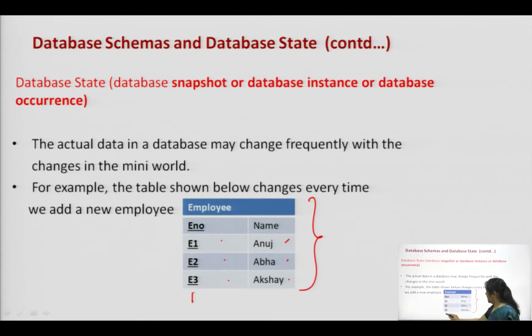Now, let us say I add another employee with the name Abha. So, what happens? The state of the mini world has changed because a new employee has probably entered the organization. So, that change should be reflected in the state of the database by showing this new employee over here. So, this means that every time there is a change in the mini world, the state or the occurrence of the database will change.